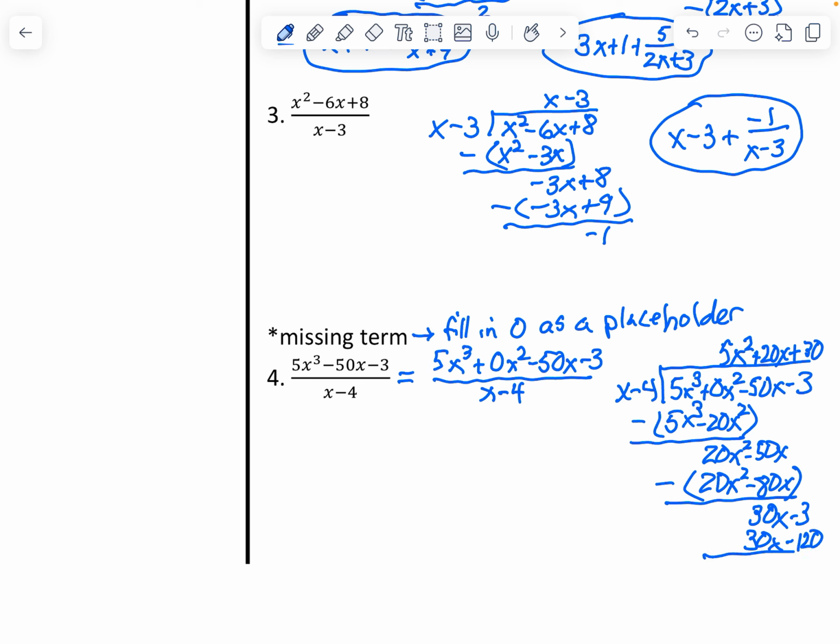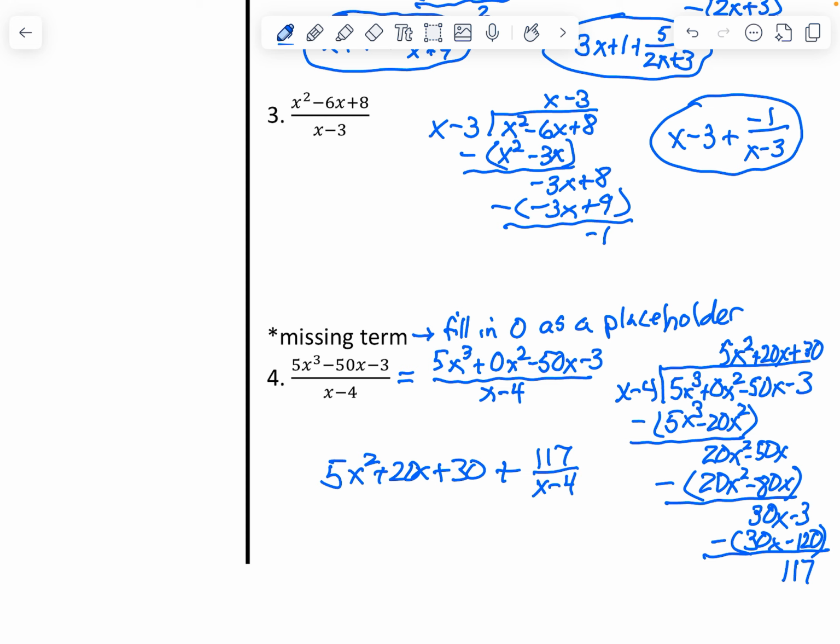I'm going to subtract straight down. No more x's. Negative 3 minus the negative is negative 3 plus 120, which gives me 117 as my remainder. So my final answer will be the quotient, 5x squared plus 20x plus 30, plus the remainder, which is 117 over x minus 4.